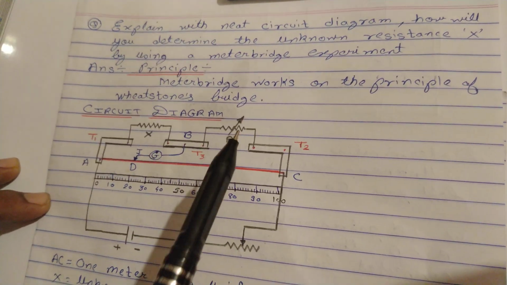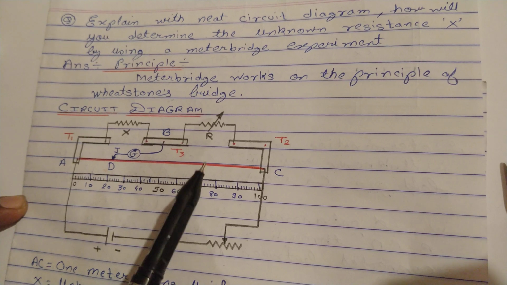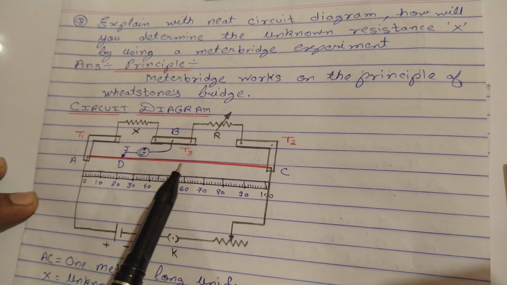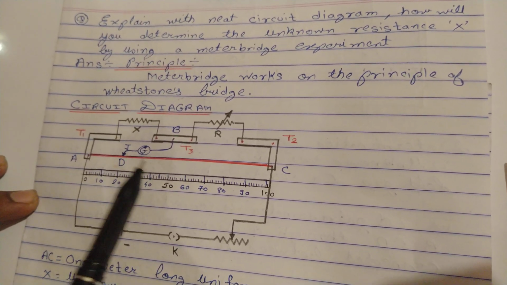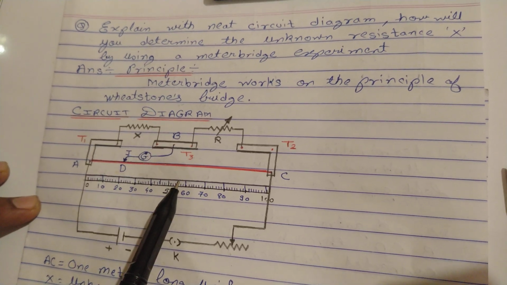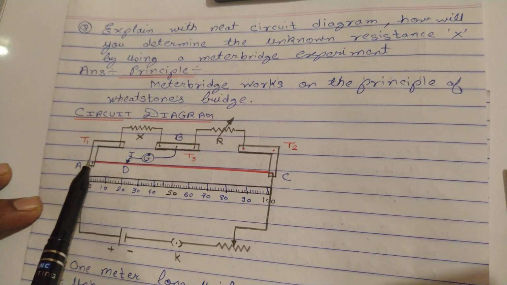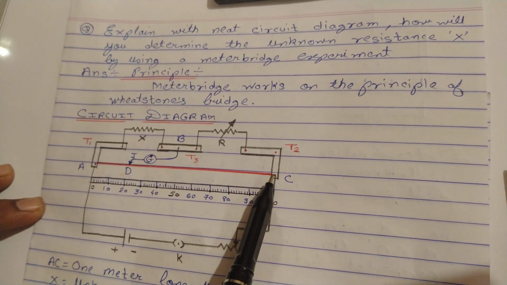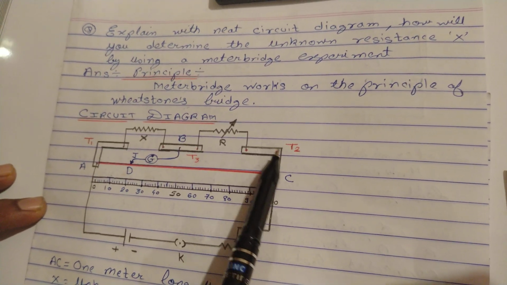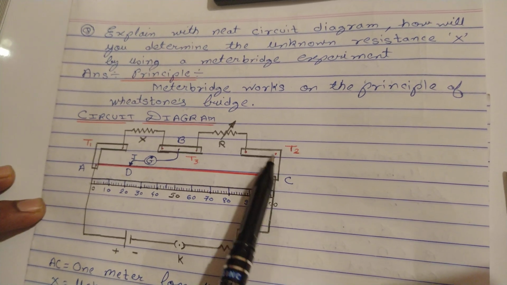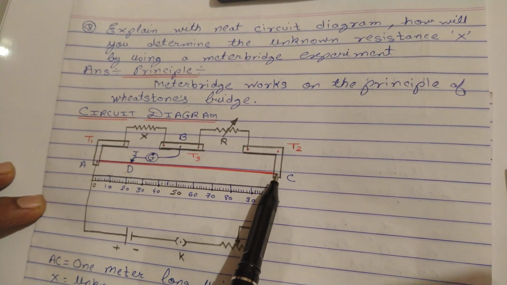So before the working of the Wheatstone meter bridge, let us study its construction. Students, we observe here an L-shaped copper strip. This particular L-shaped material is made up of copper.